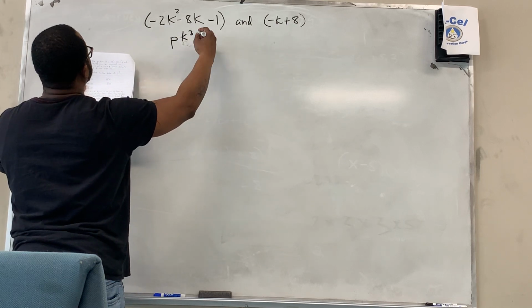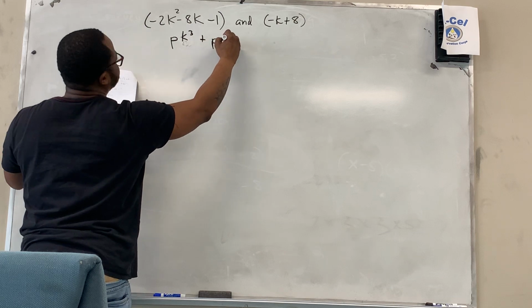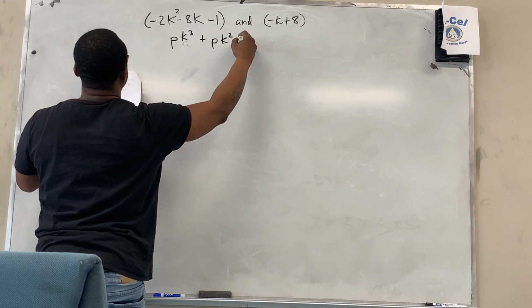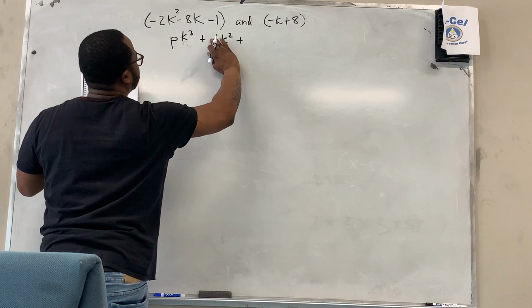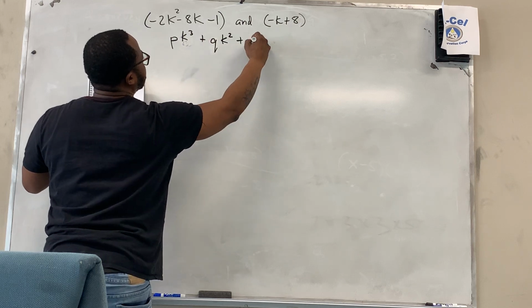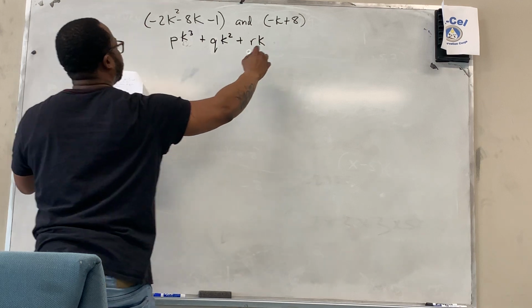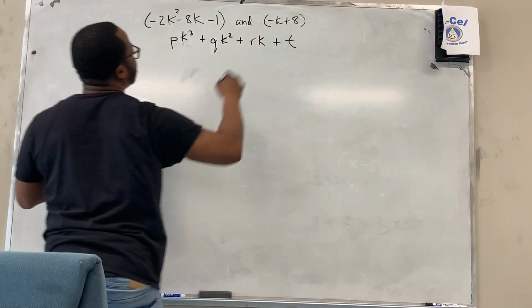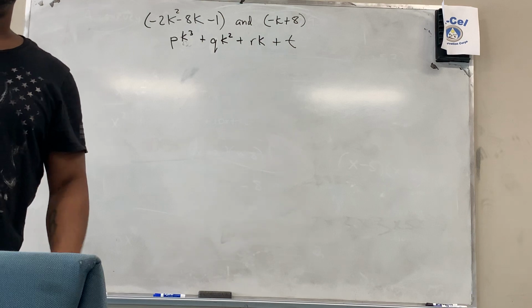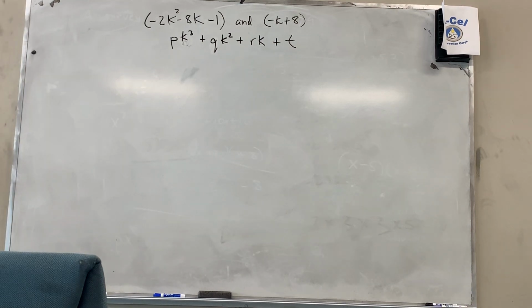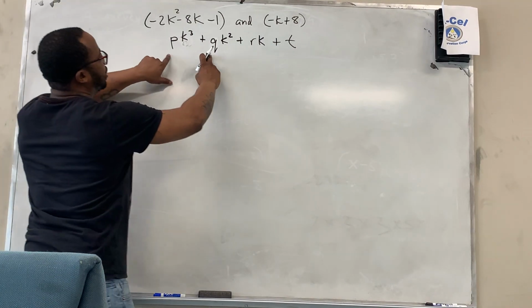So pk to the third plus qk to the second plus rk plus t. T is just going to be a constant. So the p, q, r, and t, these are going to be numbers.